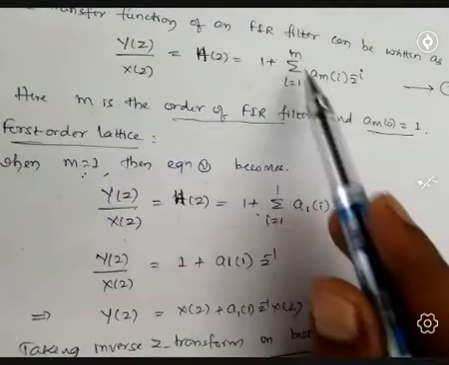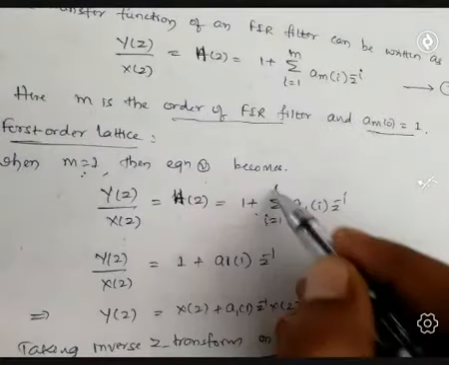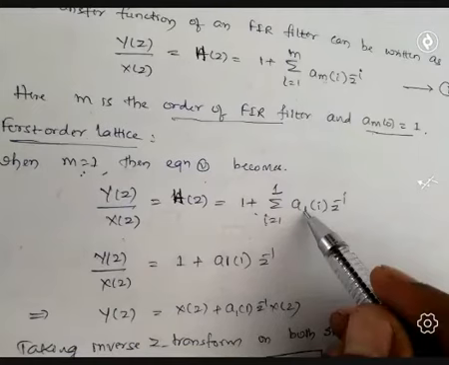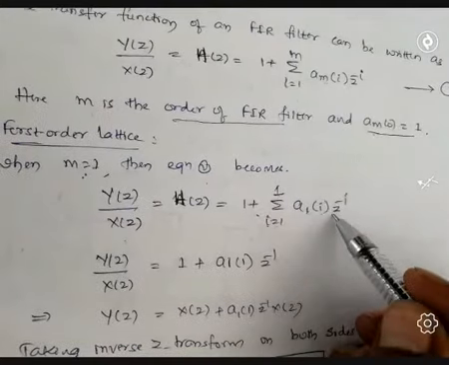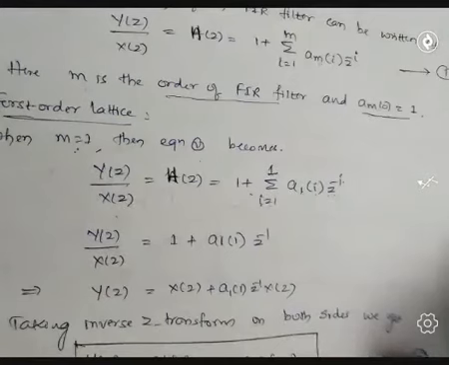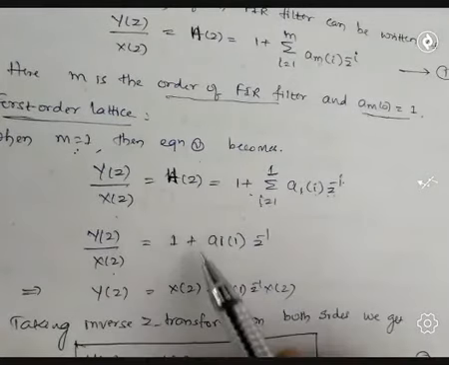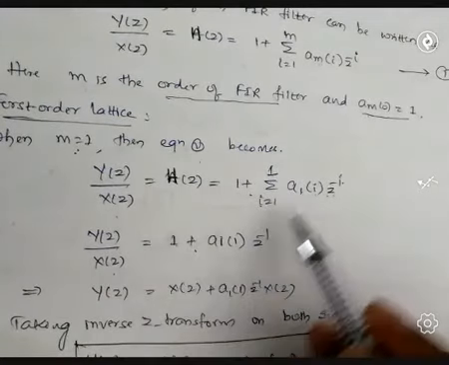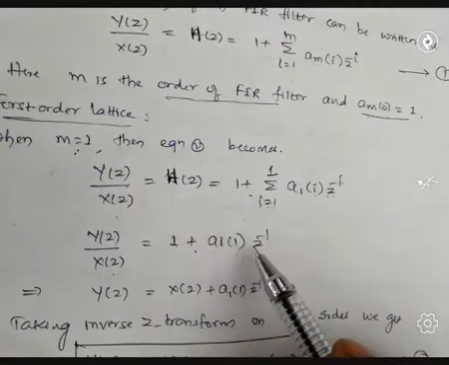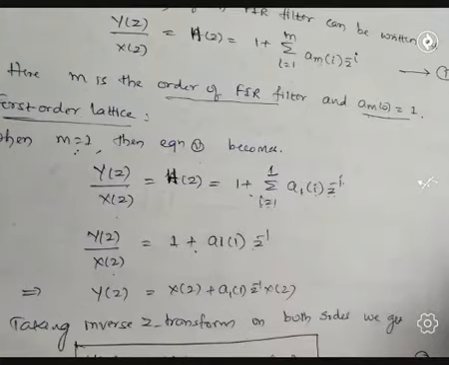We took m equal to 1, hence a_1(i) multiplied by z to the power minus i. Further simplification: Y(z) by X(z) equals 1 plus, i stands for 1, so substitute i equal to 1, a_1(1) multiplied by z to the power minus 1.